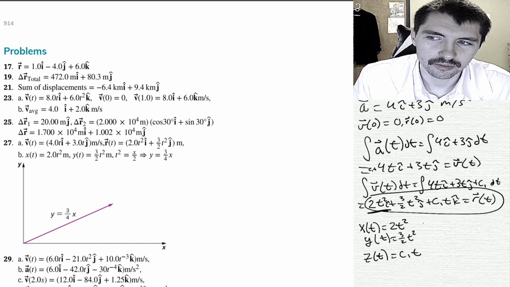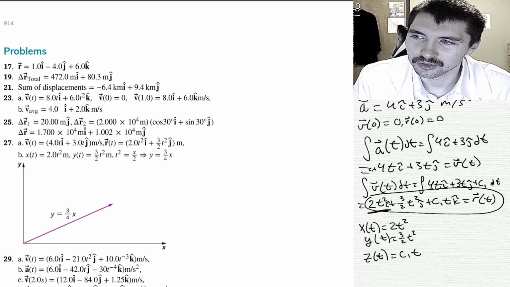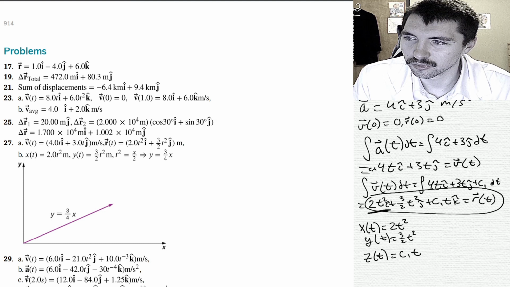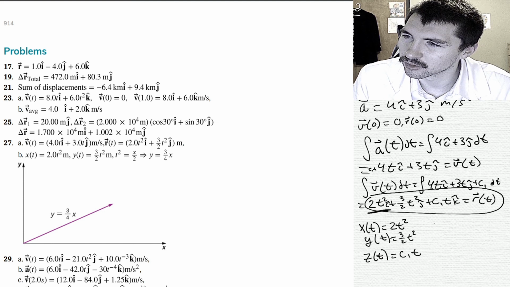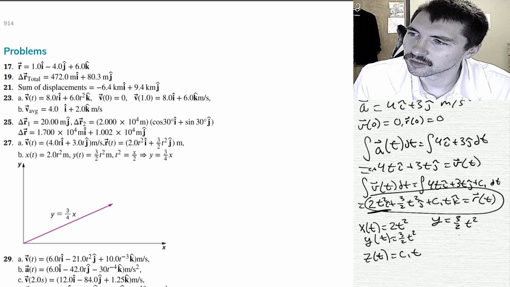Okay, so we want y in terms of x. I mean, we can do the opposite of what they did. So if y is 3/2 t squared, okay, so we could say 2/3 y.